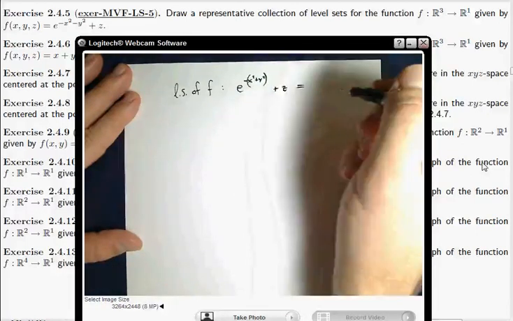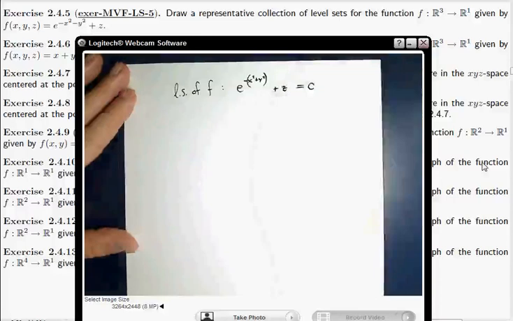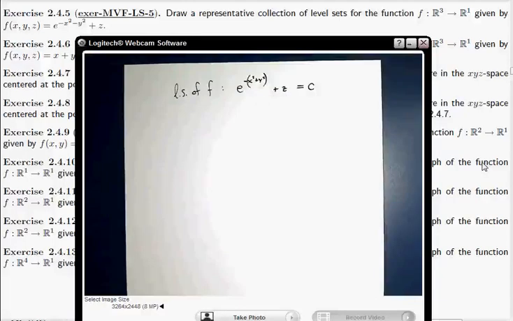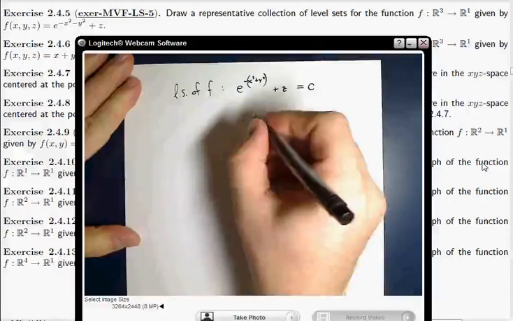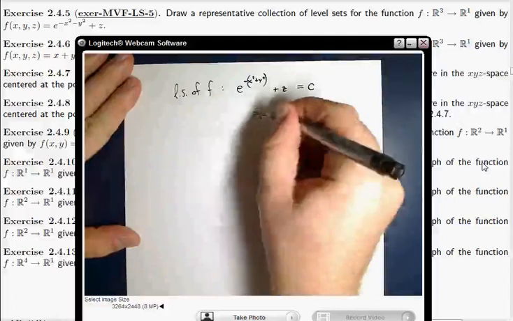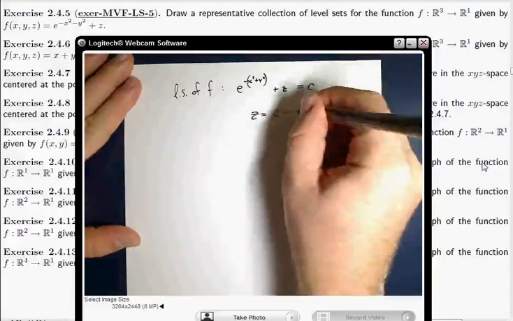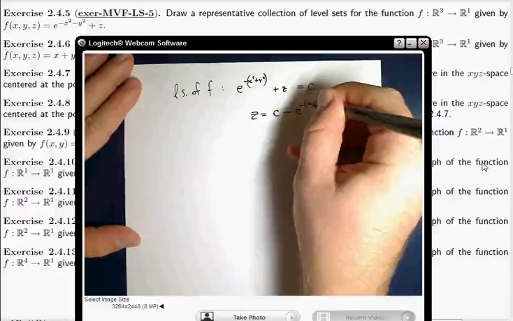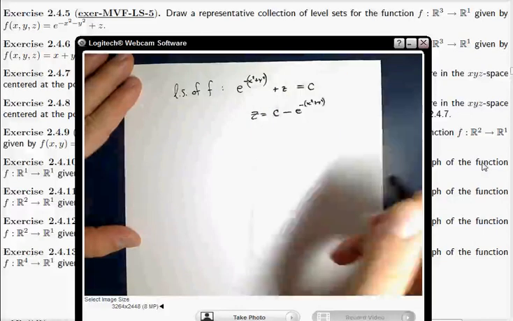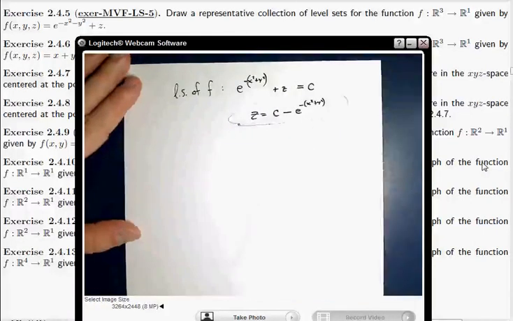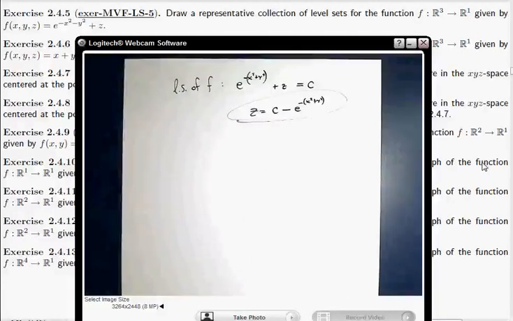And the way you form level sets of that function is you set that equal to different constants. Right. And now let me write this a little bit differently. Let me write this as z equals c minus e to the negative x squared plus y squared. So that's the equation of each level set that we're talking about, right?